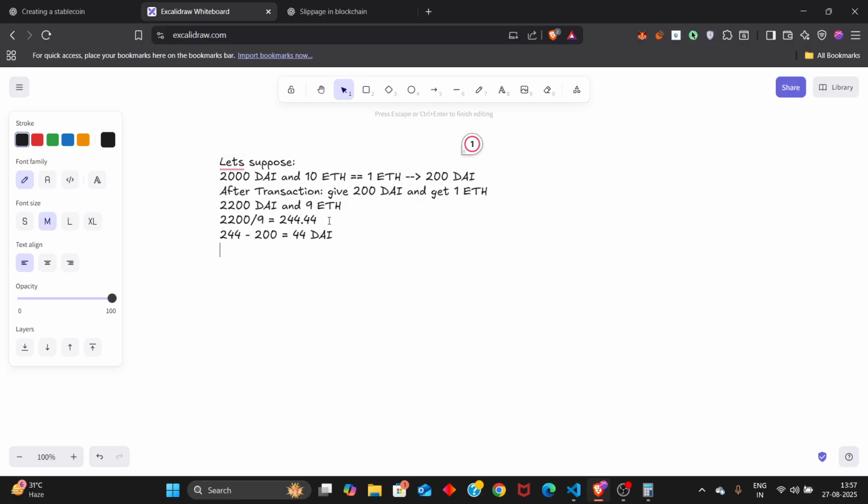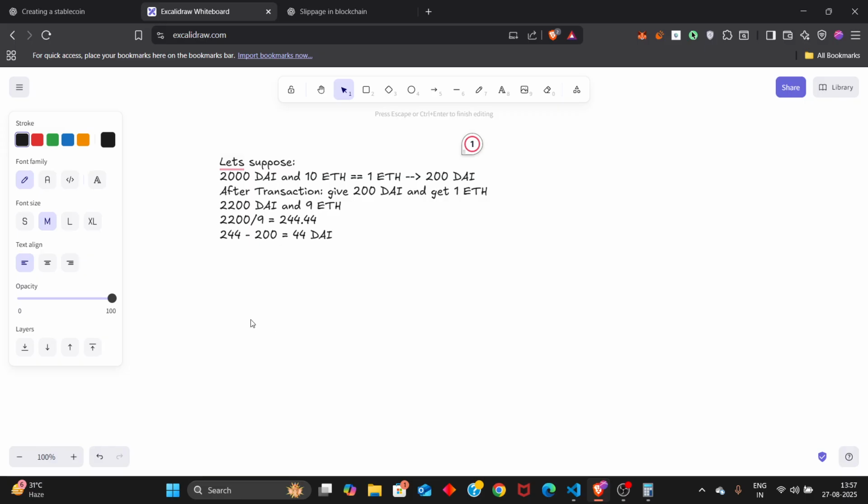But you can say, if person one is doing a transaction and after that another person is doing a transaction, then person one is expecting some amount and person two is expecting another amount.